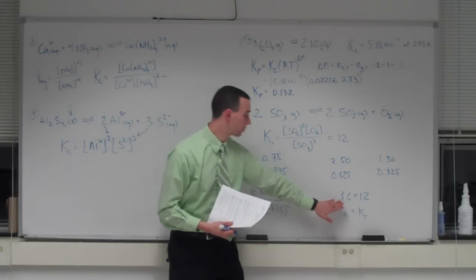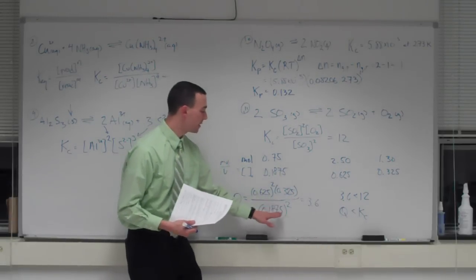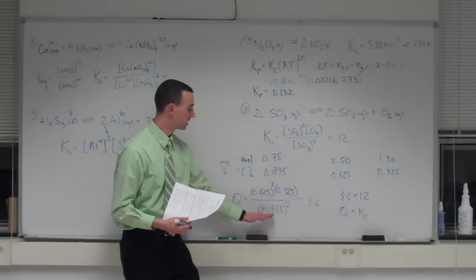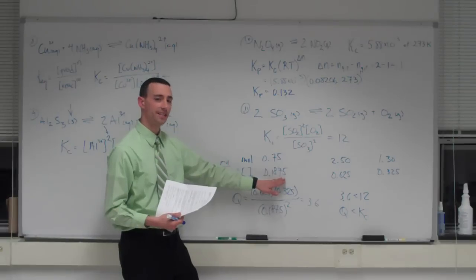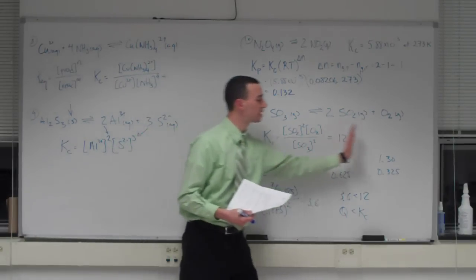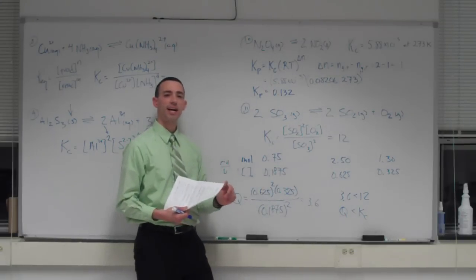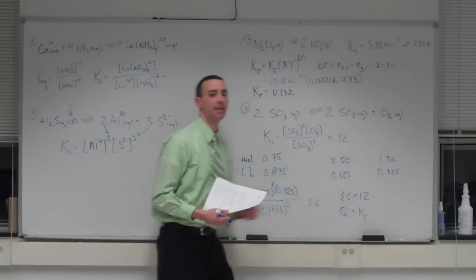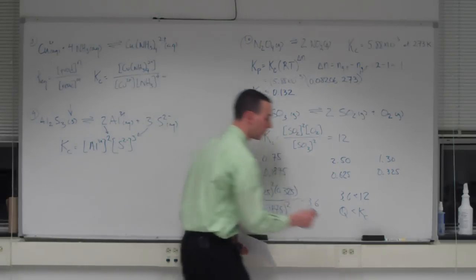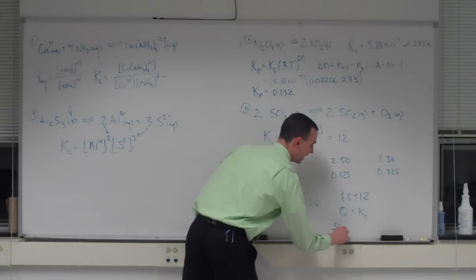How will it get bigger? We'll work backwards. To get bigger, the numerator values need to become larger, and the denominator needs to get smaller. Well, the denominators are reactant. We can decrease the reactants by moving some of them over to the product side, by literally reacting them into the products. So to answer the question, what's going to happen to the sulfur trioxide?